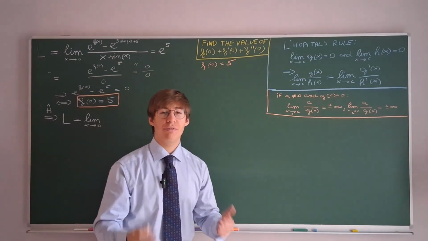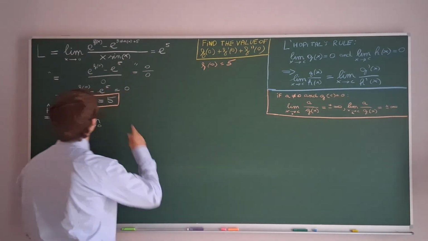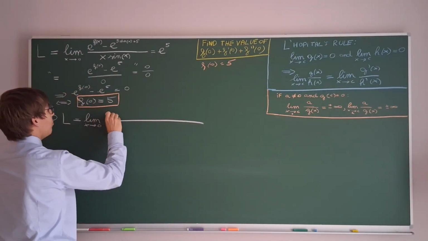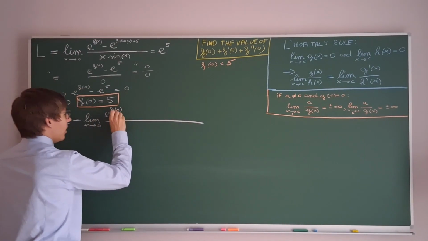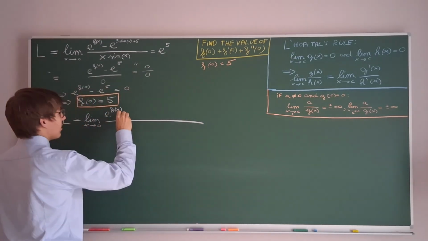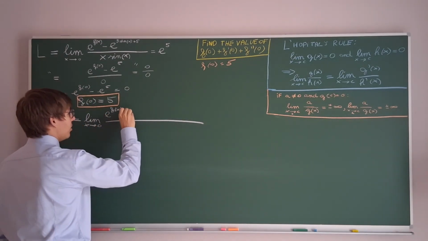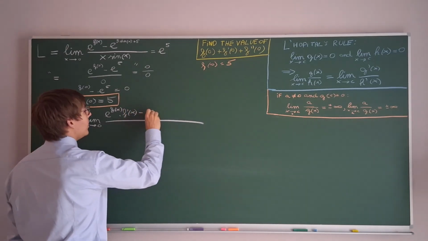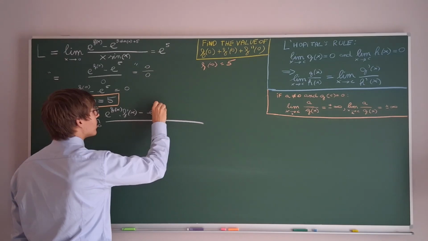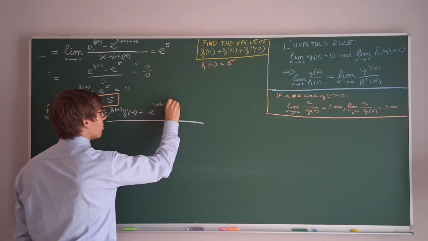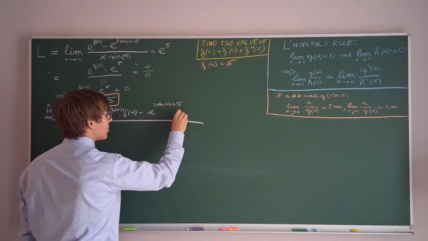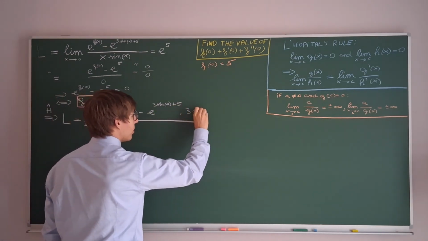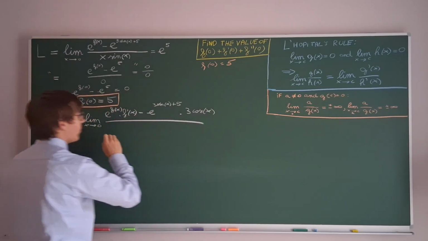And now we are going to take the derivative of the numerator. So that gives e to the f of x, and then we use the chain rule to get times the derivative of f of x, minus e to the 3 sine of x plus 5 times the derivative of the exponent, which is 3 cosine of x.